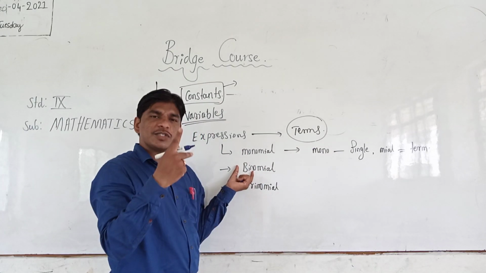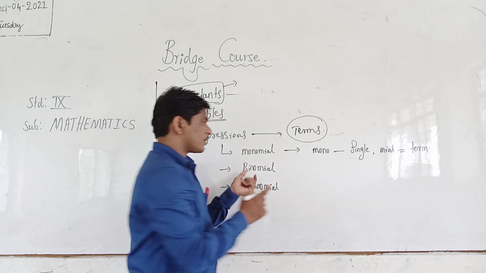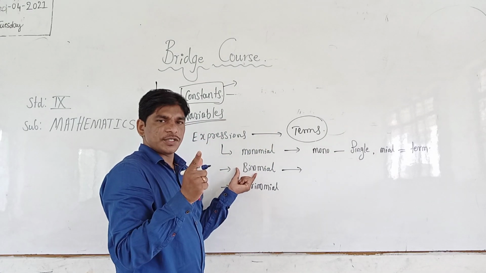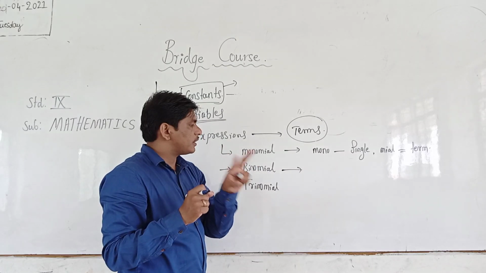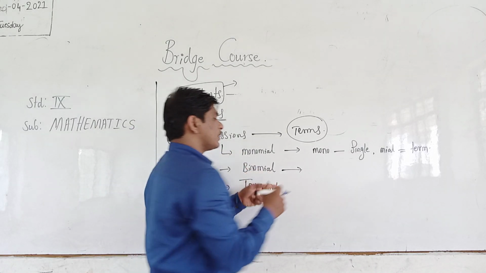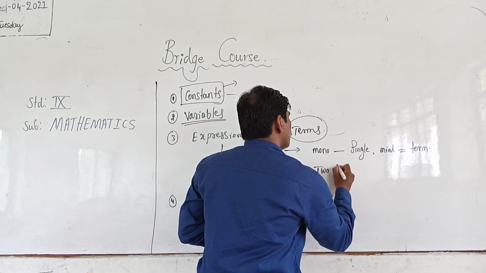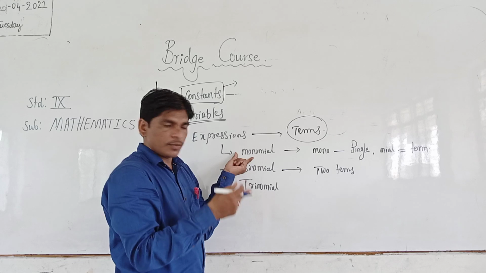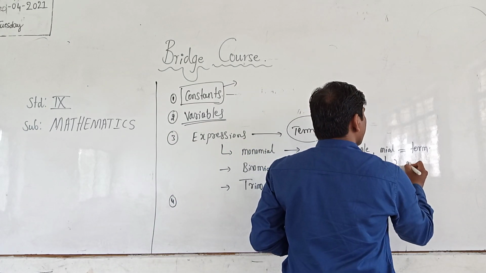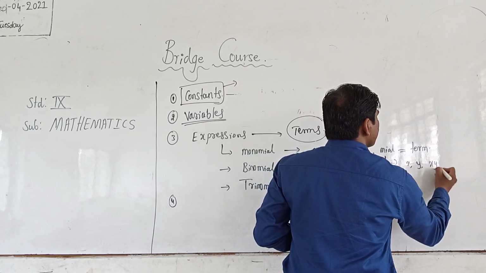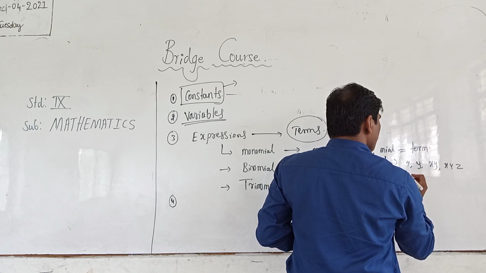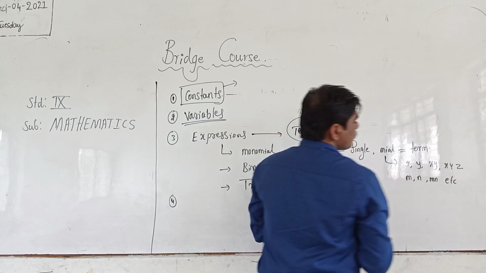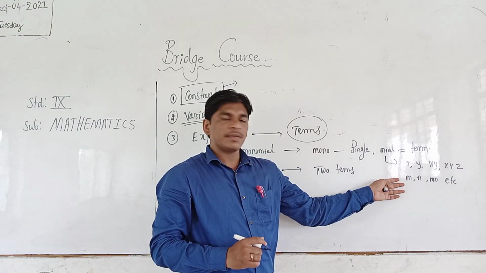Similarly, bi means two. That's why the binomial definition is a given expression having two terms. The monomial examples are x, y, xy, xyz, or m, n, mn, etc. These are all monomial examples.